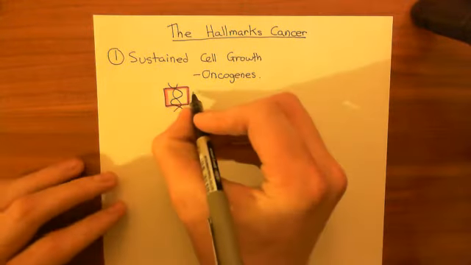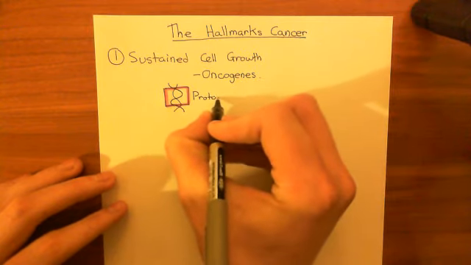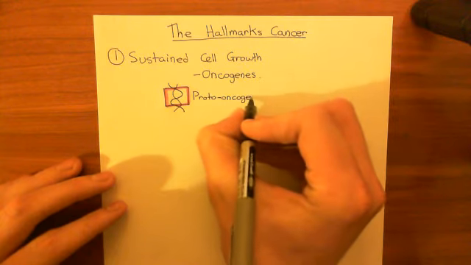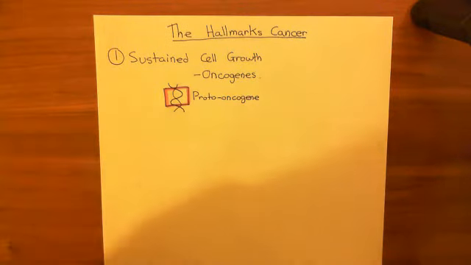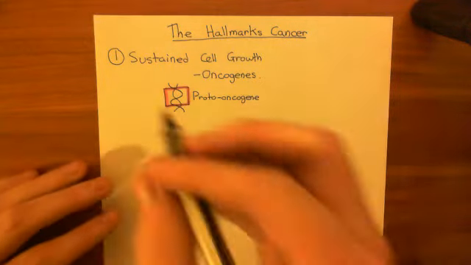If you get a gain of function in this gene, then it will become what is known as an oncogene, and it will cause overdivision of the cell. So it will give you this property needed, one of these hallmarks of cancer.